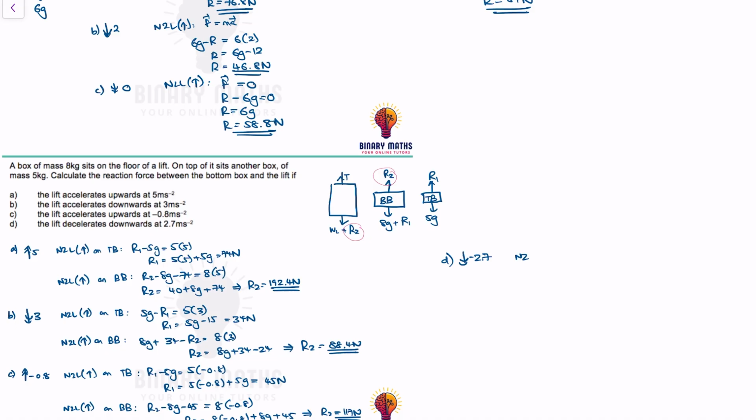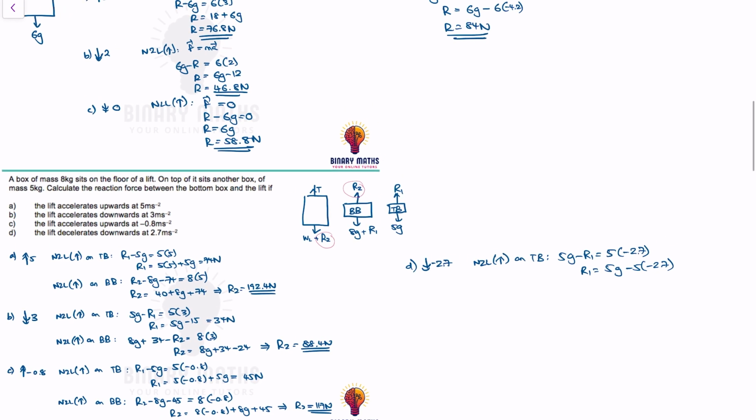Newton's second law vertically on the top box means we get 5g minus R1 is equal to mass, which is 5, times acceleration, which is minus 2.7, which means R1 will be equal to 5g take away 5 times negative 2.7, which works out to be 62.5 newtons.